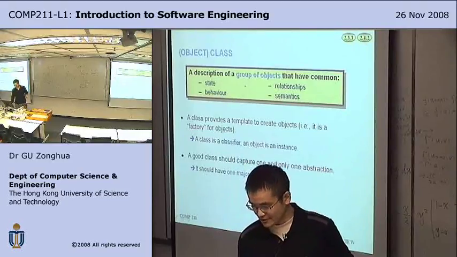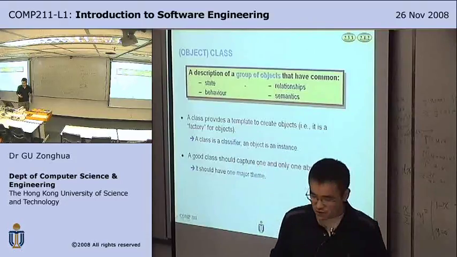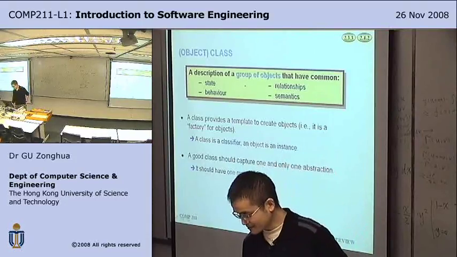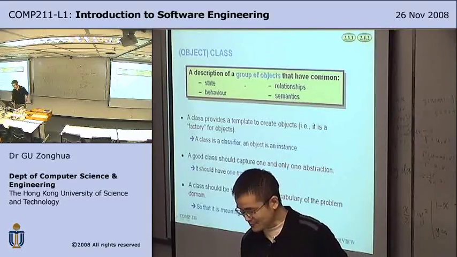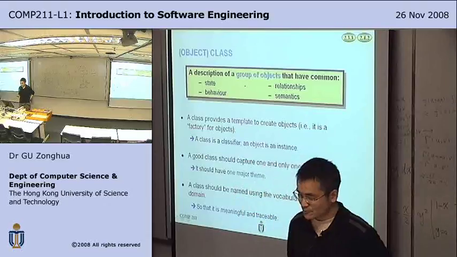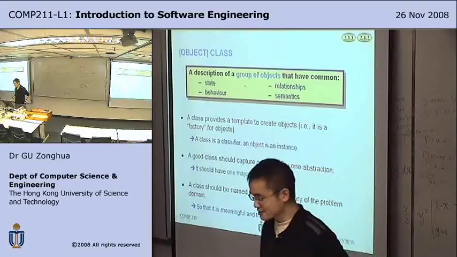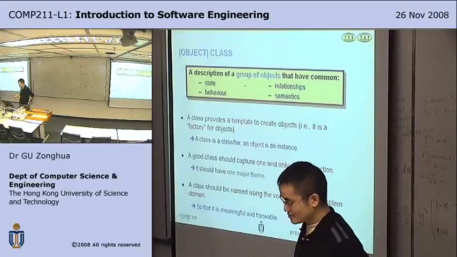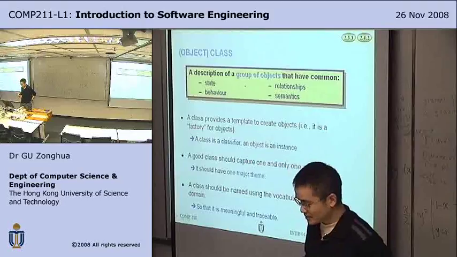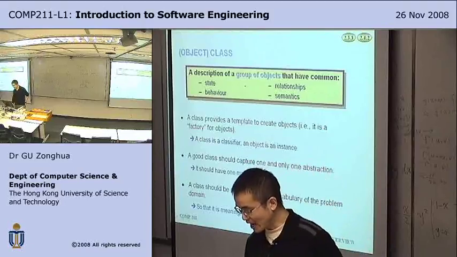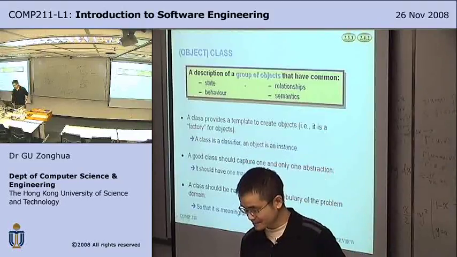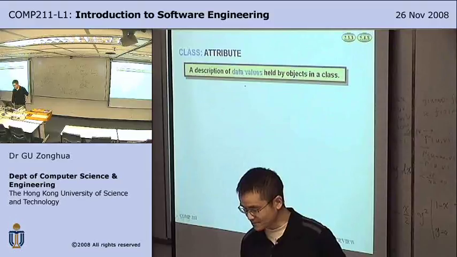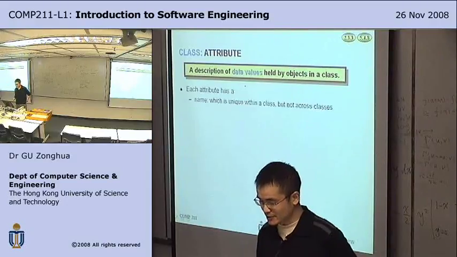It shouldn't be a general class that does everything. Name choosing the vocabulary of the problem domain. That is, try to make it understandable to the client. Meaningful and traceable.